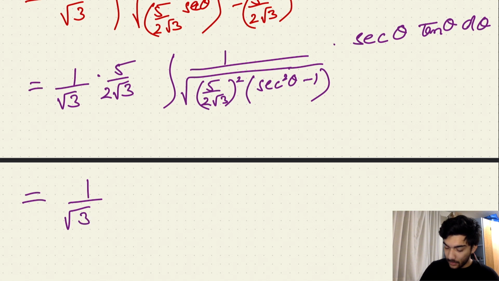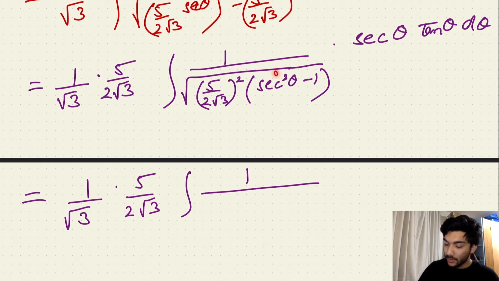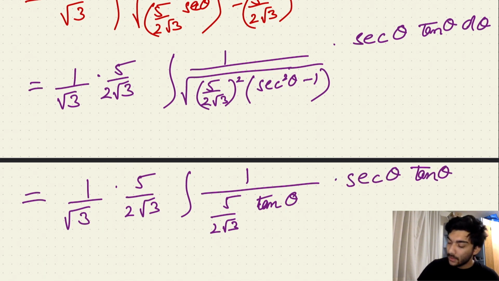So now this will be transformed to 1 by square root 3, 5 by 2 root 3, integral 1 over secant square theta minus 1, which is tan square theta. So this would be 5 by 2 root 3 tan theta times secant theta tan theta d theta, right?